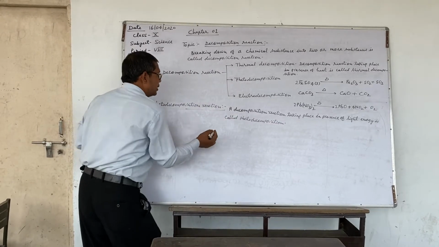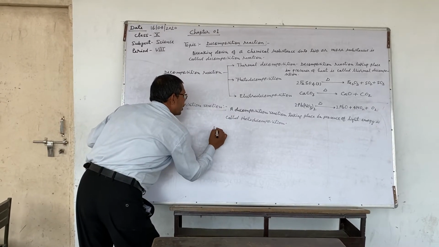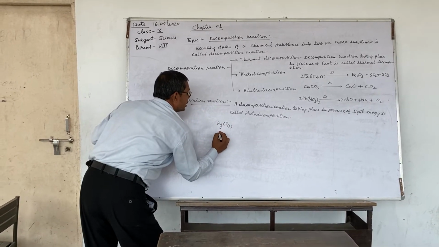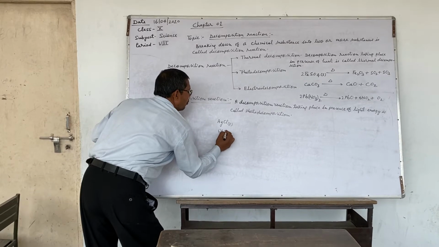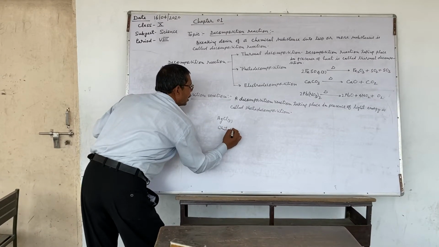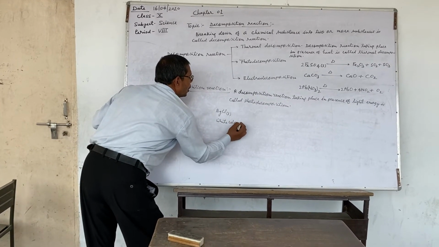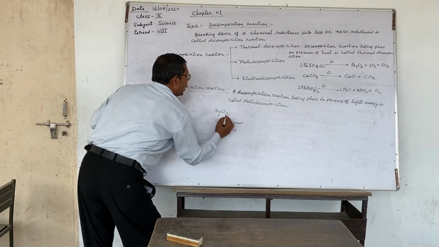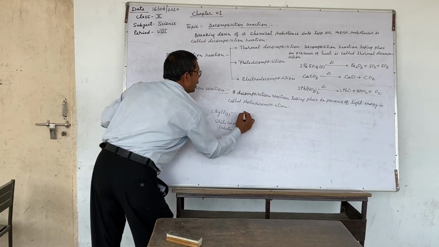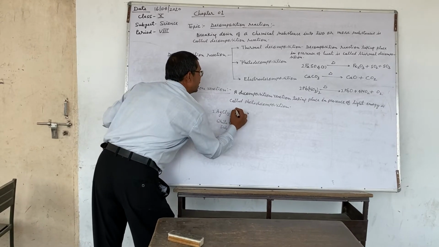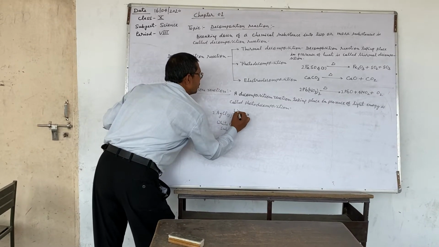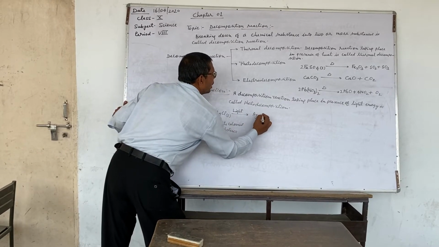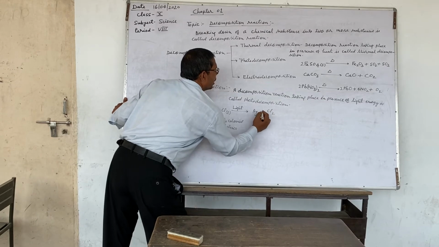Here you can take an example. When silver chloride, a white colored substance, is kept in light, we get silver and chlorine.